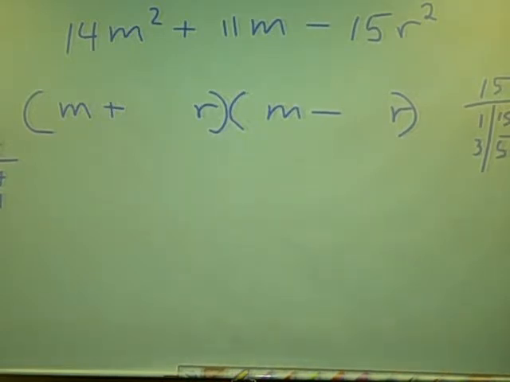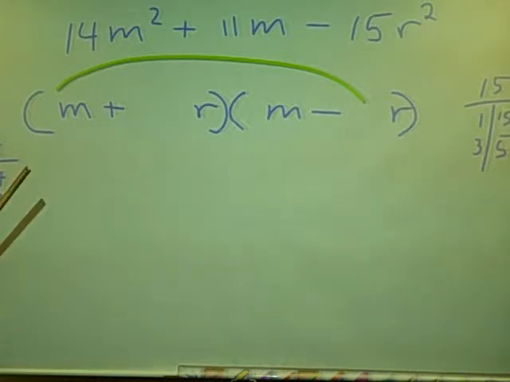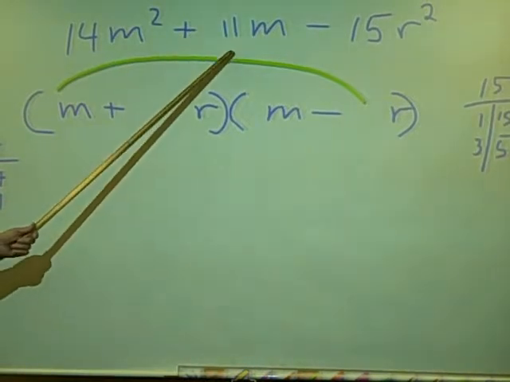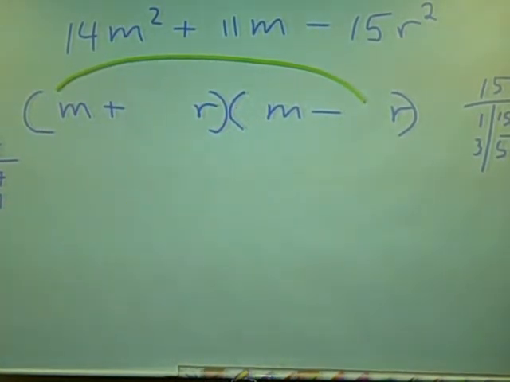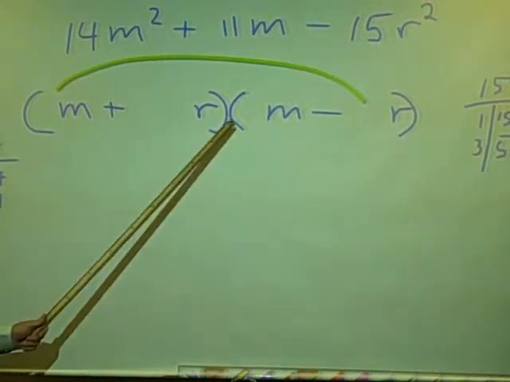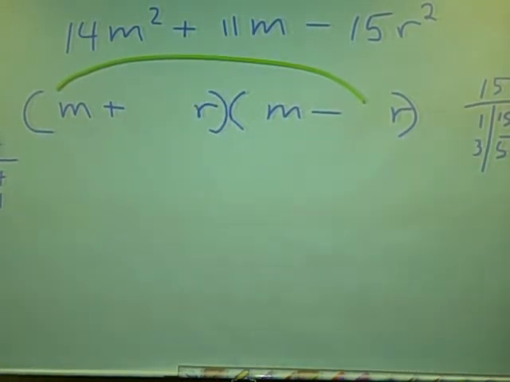Now let's look at our middle number, 11m. Our factors, are they going to add or subtract to give us 11? Subtract.